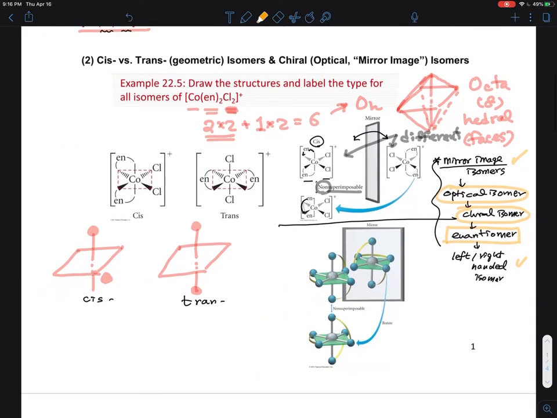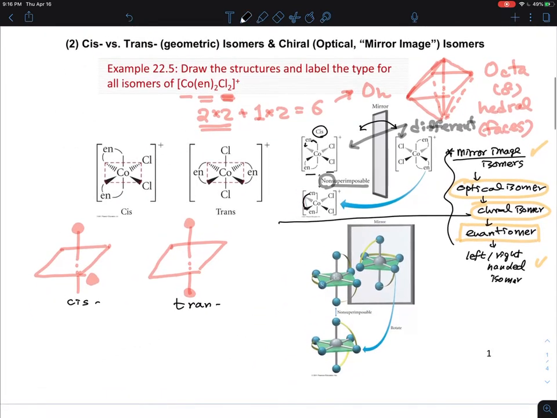So having said that, this is one of the take-home messages that comes out from number 2 on this page. What I mean is, if you have a cis metal complex with a diamine, let's say a dichlorometal complex, they can have an optical isomer pair.